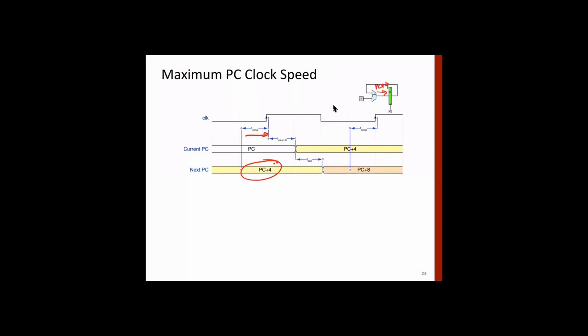So this is the earlier PC, not the current PC, but the earlier PC value plus 4, which has to be stable for T setup time. Then from the leading edge of the clock, the output is available after the clock to Q delay.